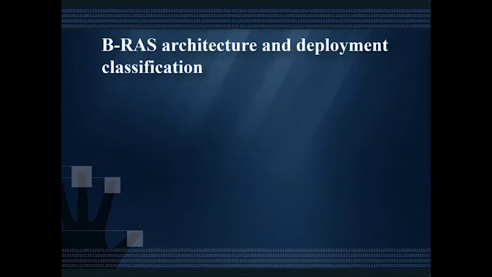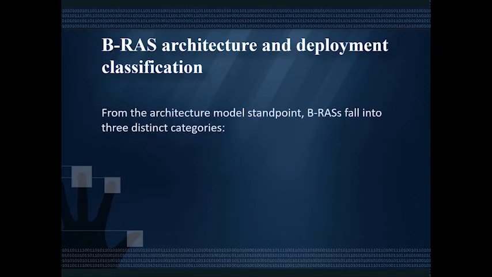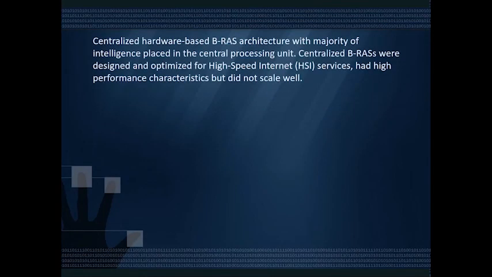BRAS architecture and deployment classification. From the architecture model standpoint, BRASs fall into three distinct categories. Centralized hardware-based BRAS architecture with the majority of intelligence placed in the central processing unit.